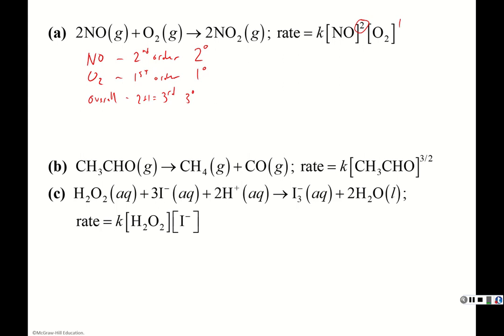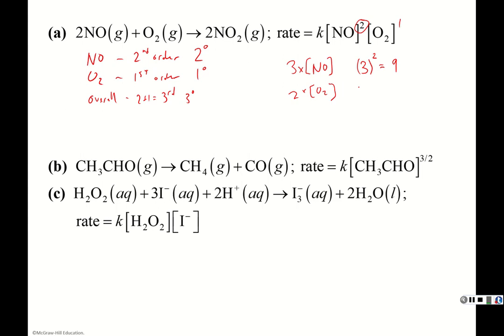Now for this one, we're asked what will happen with the rate if you have 3 times the concentration of NO and 2 times the concentration of O2. Well, if we put 3 times the concentration of NO, that'd be like 3 squared. So we have a factor of 9 increase from that.